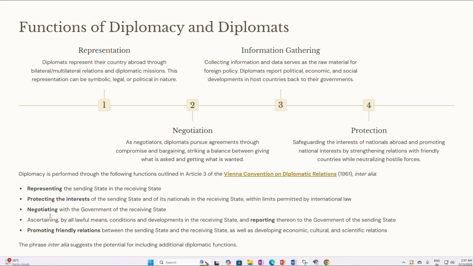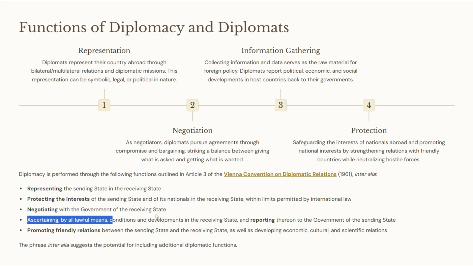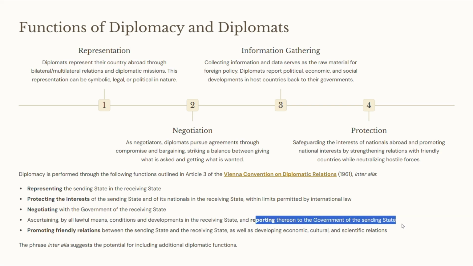And the third function is negotiating with the government of the receiving state, and ascertaining by all lawful means the conditions and developments in the receiving state and reporting thereon to the government of the sending state.